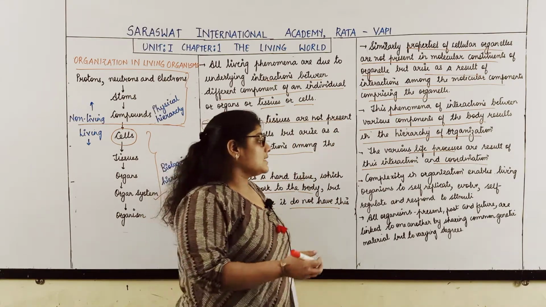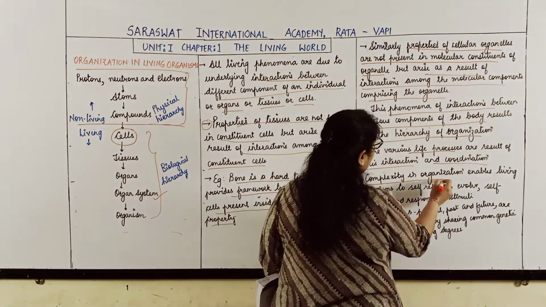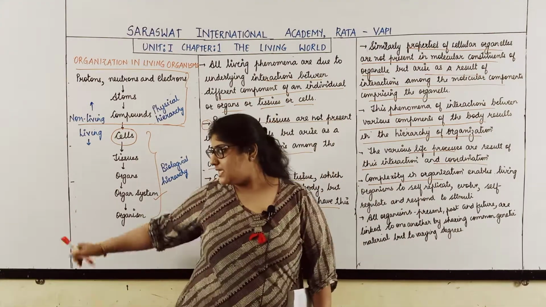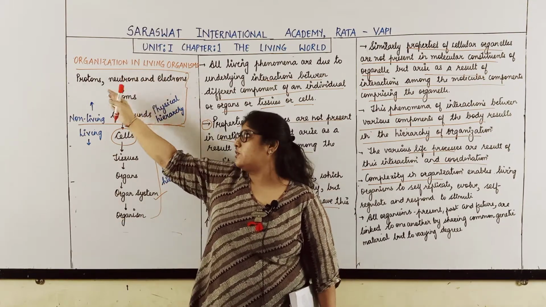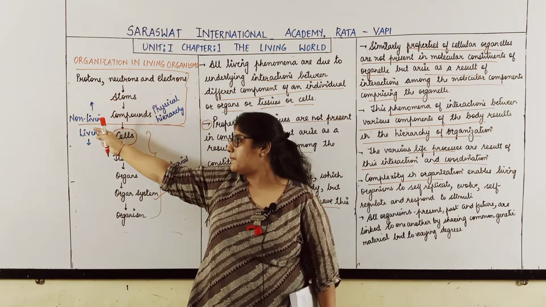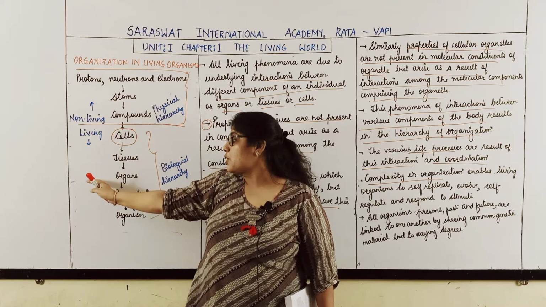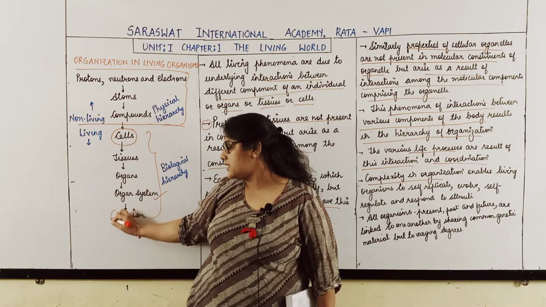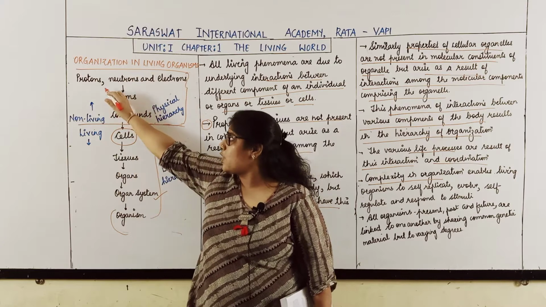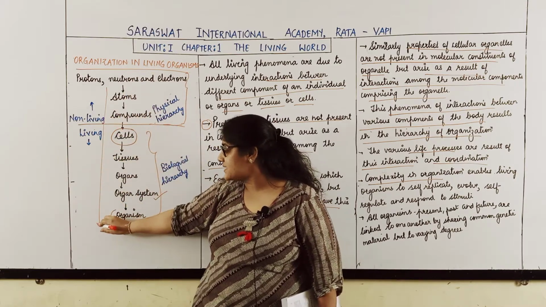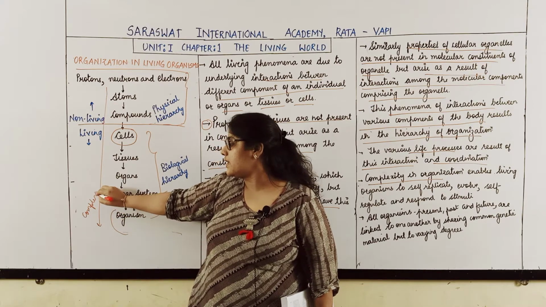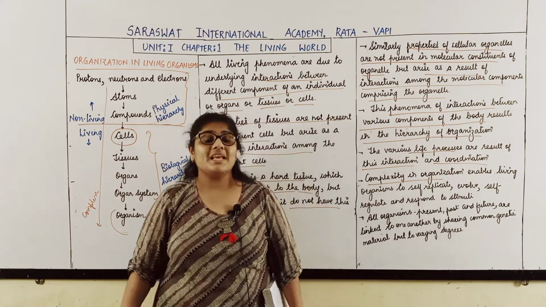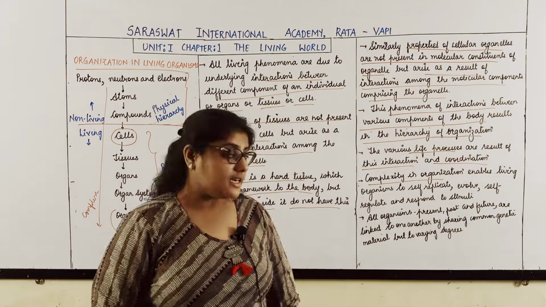And you can see that the complexity in organization is increasing: simple molecules forming atoms, compounds, cells, tissues, organs, organ systems and organisms. So you can see the complexity is increasing continuously.